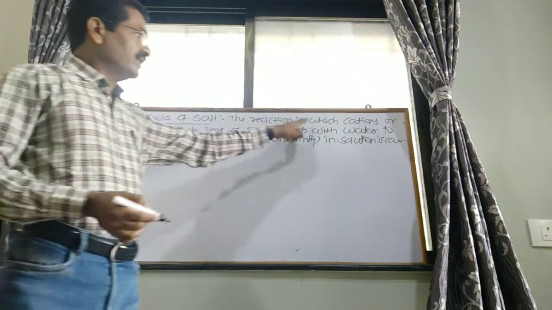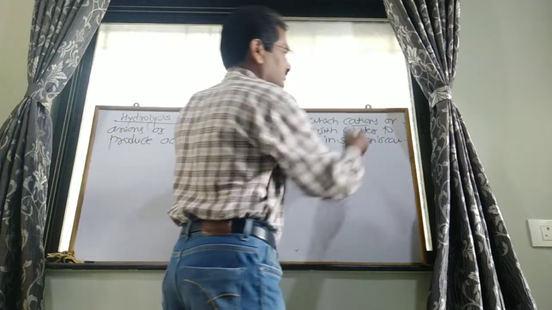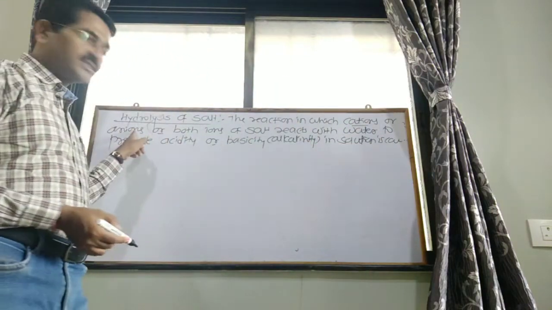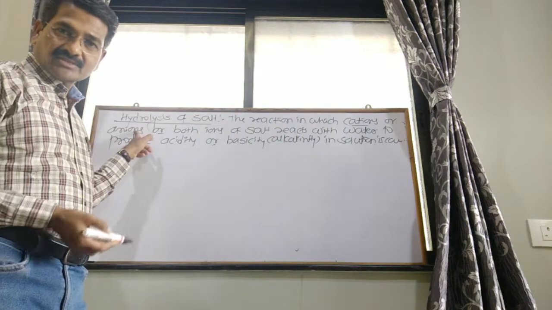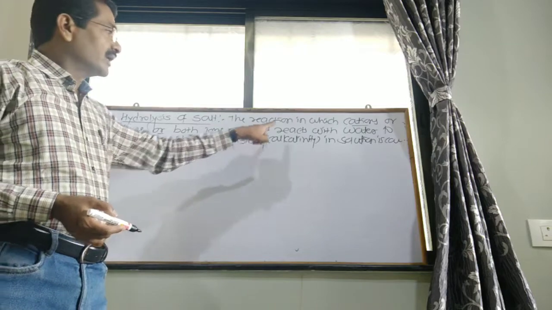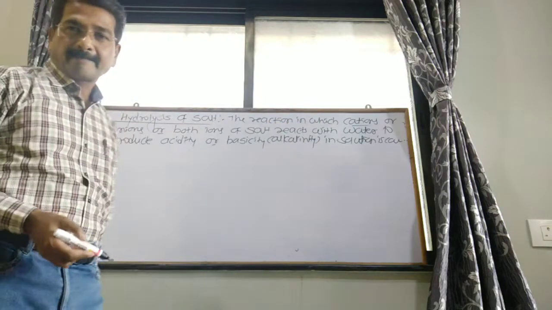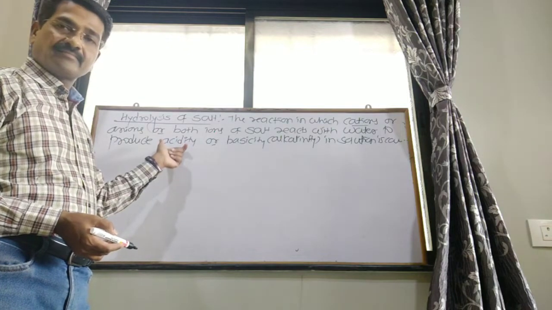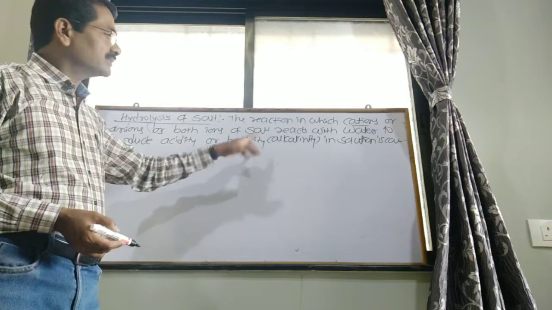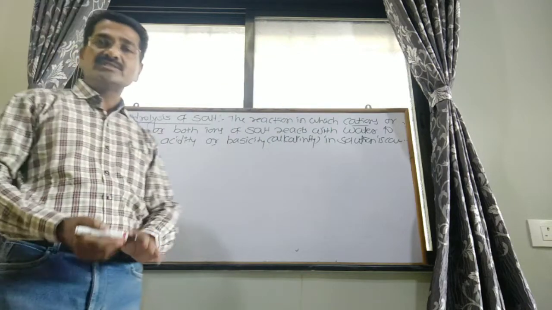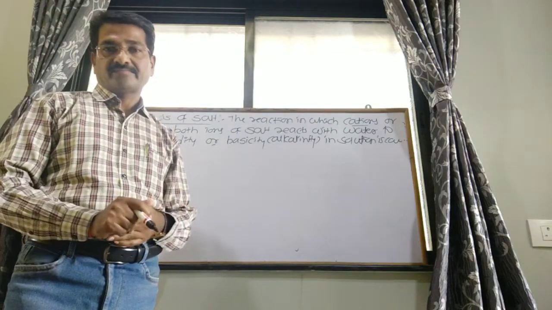The reaction in which cations, meaning positively charged ions, anions, negatively charged ions, or both ions of salt react with water to produce acidity or basicity, that is alkalinity, in solution is called hydrolysis of salt.